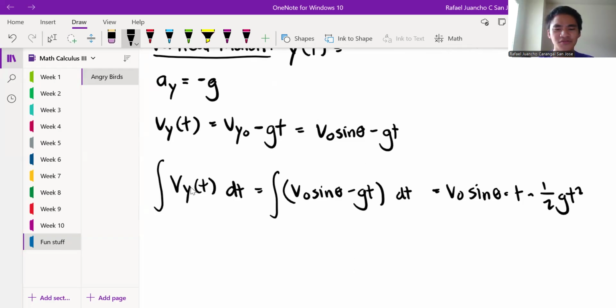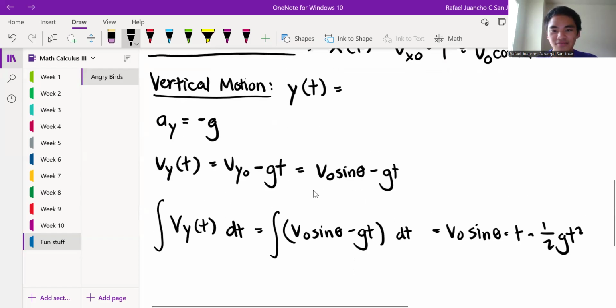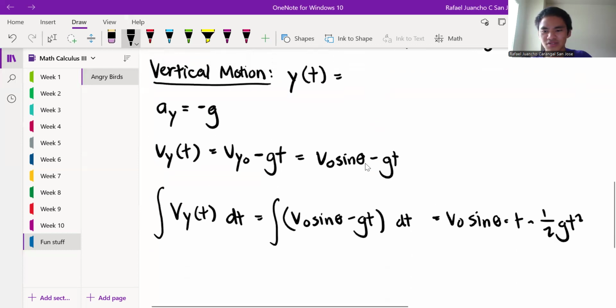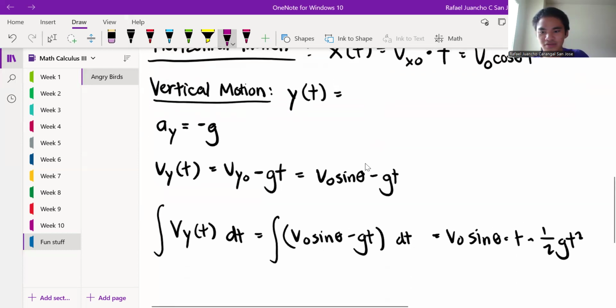And I did a brief review on how integrating a velocity function could result in some position or distance, right? And so we actually got our y of t, which is this thing right here.